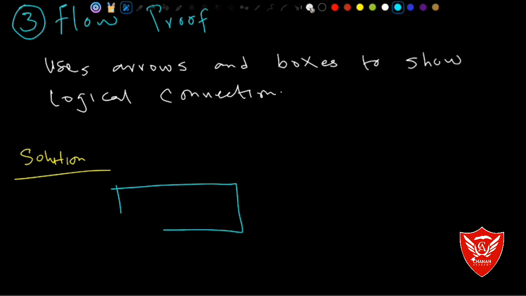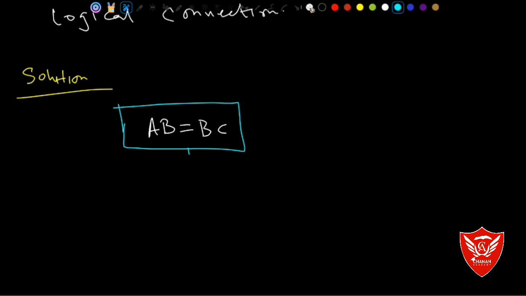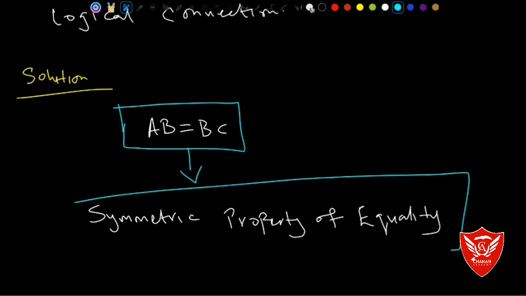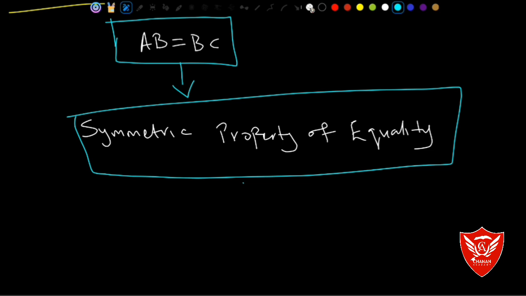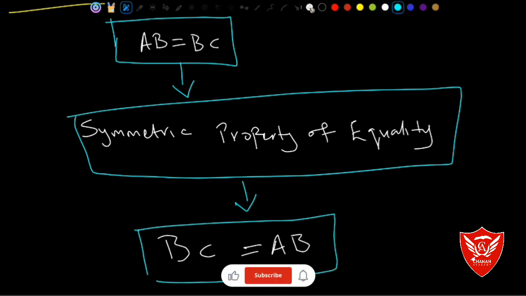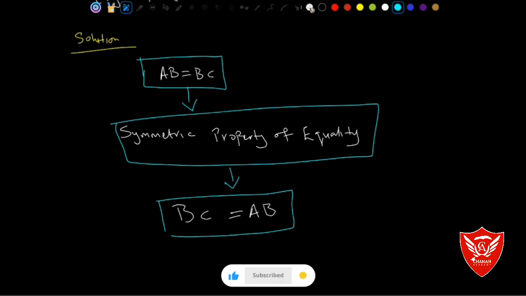Put the first box, AB equals BC, using the symmetric property of equality. So put it in a bracket box. All right, it then means that BC is equal to AB. So this is how the flow proof is being presented.